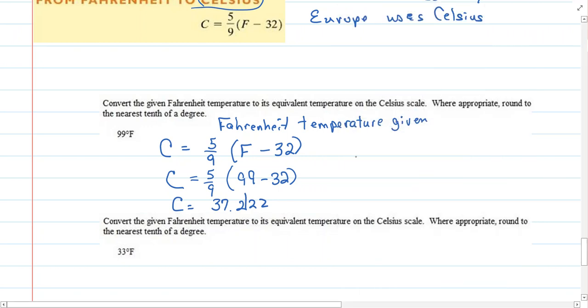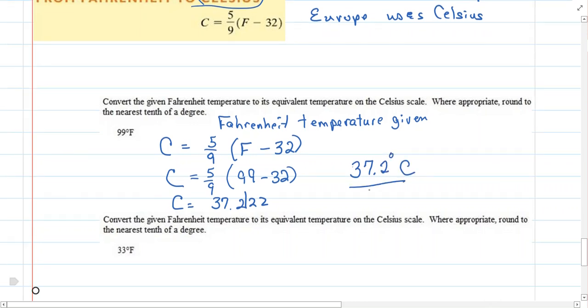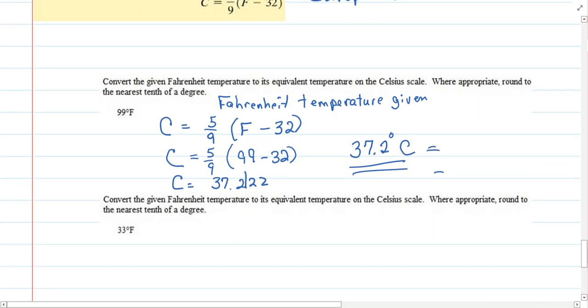So we have a temperature of 37.2 degrees Celsius. This is what is equivalent to 99 degrees Fahrenheit. So that's very hot.